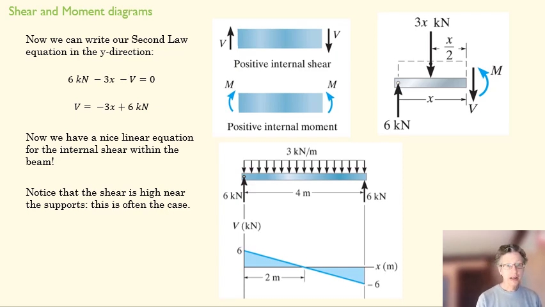So this section is being held up by 6 kilonewtons. That section there is holding the one right next to it up with that same amount of force. And we see shear is 0 at the midpoint. And so that's an important thing to recognize too. We're looking for maximums, and we're looking for places where our value is 0.